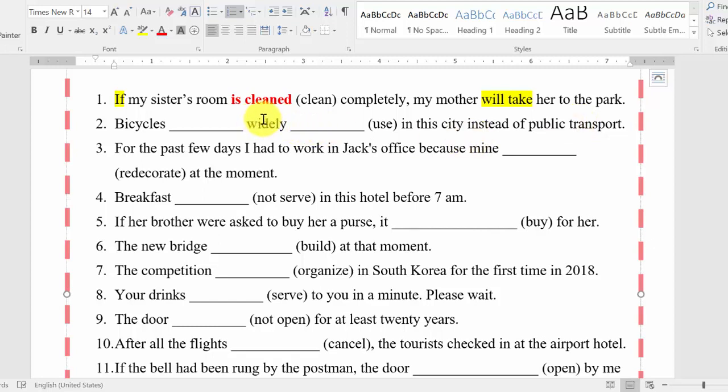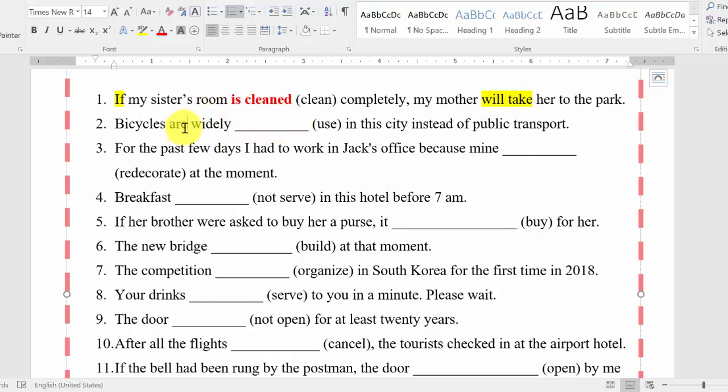Simple present tense, passive voice, because a bicycle cannot use itself, it should be used by someone. So bicycles what use, it should be a passive sentence. Simple present tense passive voice, the format should be is MR plus PP. Okay, so bicycles, you have S here, so we should choose are because of the plural.